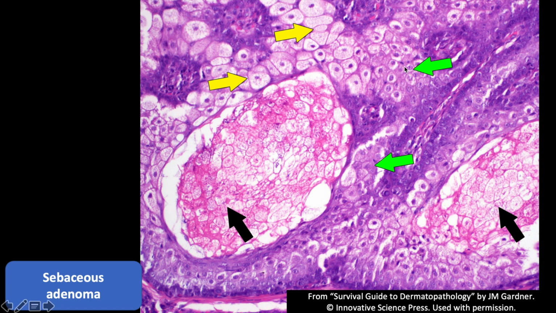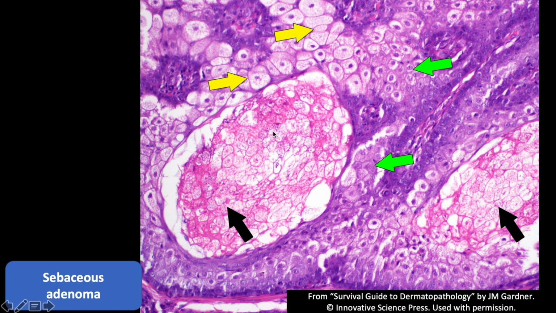They have a grayish pink cytoplasm with only a tiny bit of bubble there. They've not fully filled up with lipid yet. So when I start seeing a lot of these somewhat immature looking sebocytes like you're seeing here, that's one feature that can sometimes help point me to something being a sebaceous adenoma or sebaceoma rather than sebaceous hyperplasia.